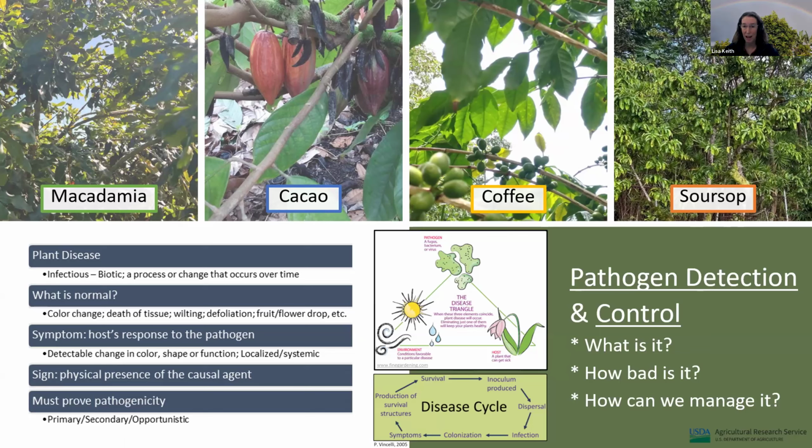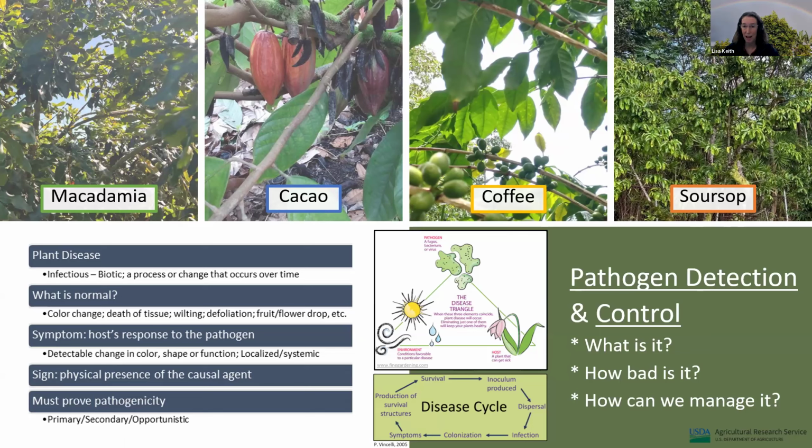We're trying to understand a disease cycle. Where the pathogen survives, how it spreads. So we can manipulate, hopefully alter the cycle to ultimately figure out when we know what pathogen we're working with and how to control it. My team essentially, we look at what it is, how bad it is, and how we can manage it.